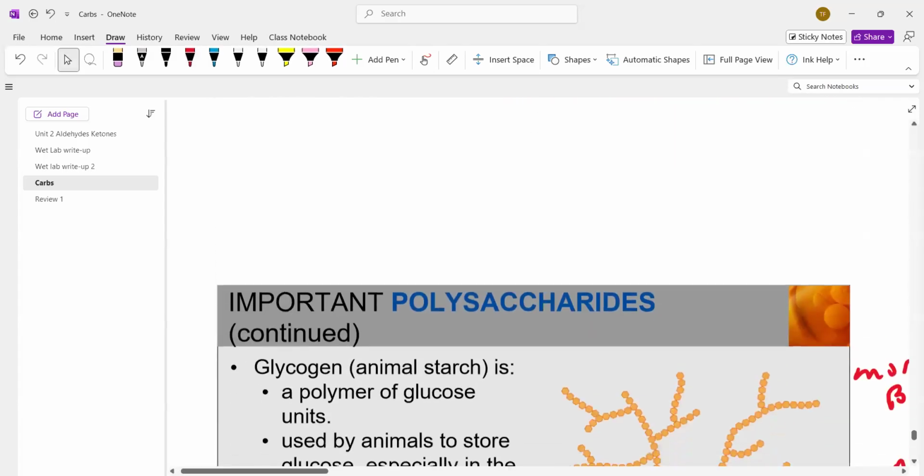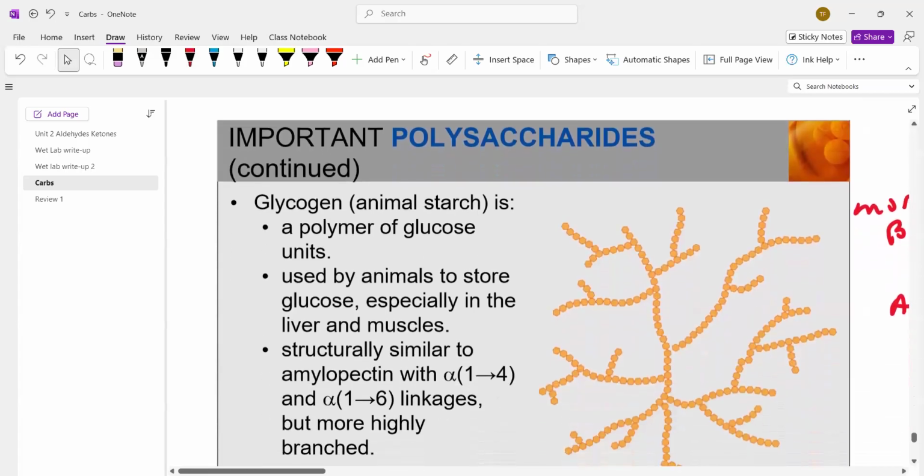Now, the only polysaccharide mammals make is called glycogen. Glycogen, again, is the same thing. It's a whole bunch of glucose molecules, but it's very highly branched.